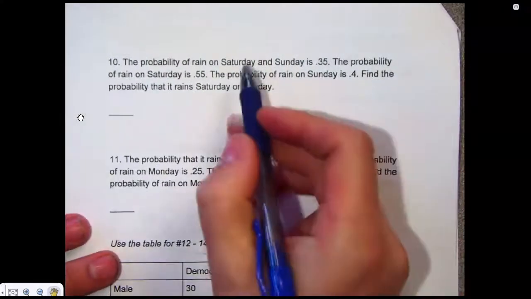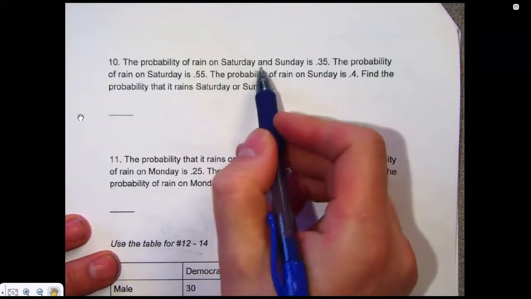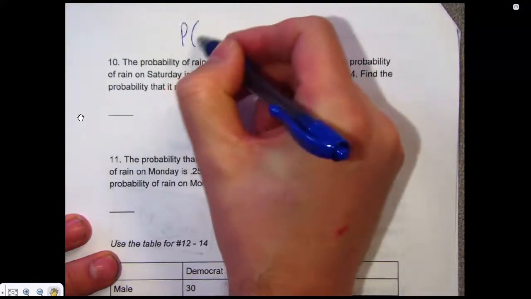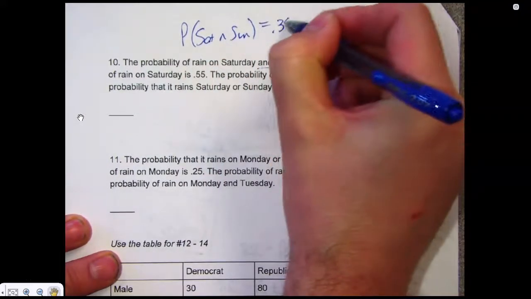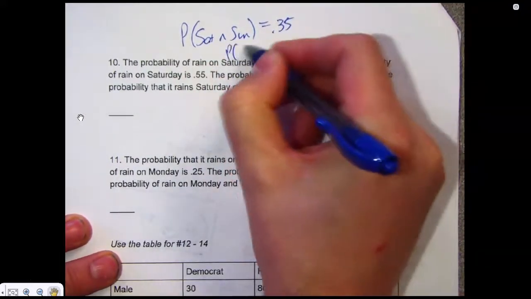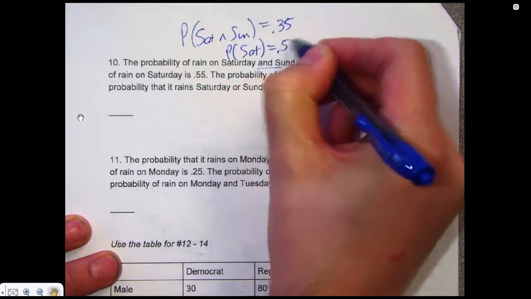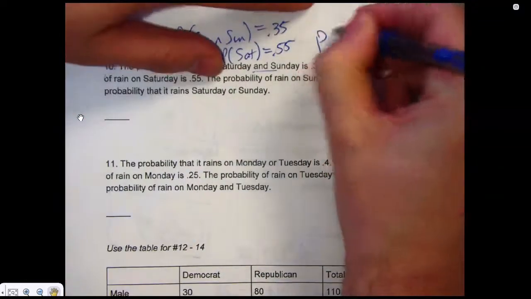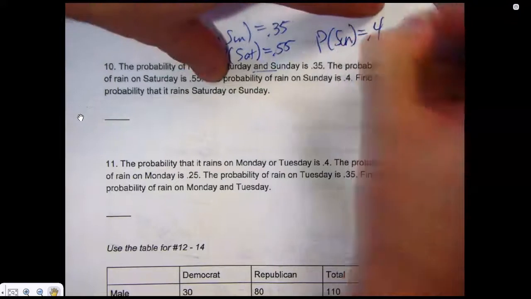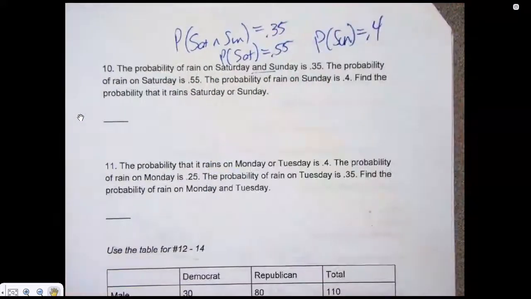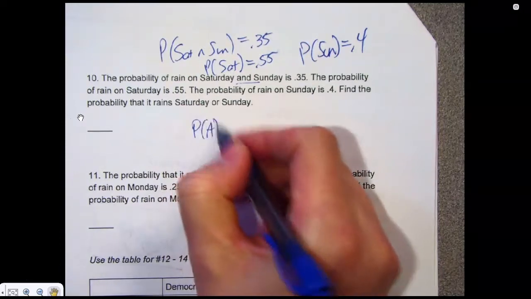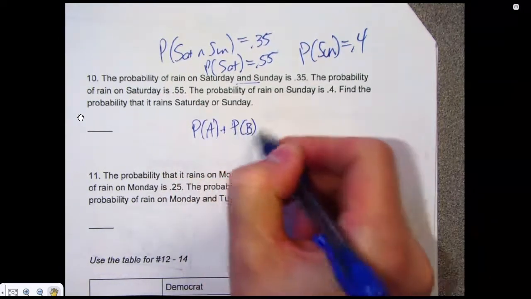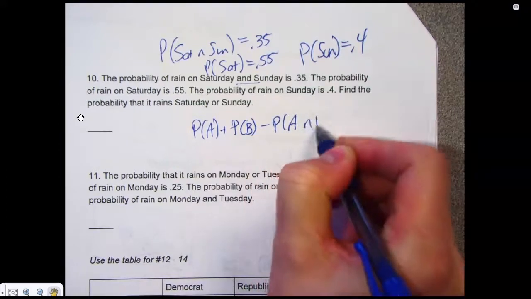Number 10. So I've got the probability of rain on Saturday and Sunday. So I know P of Sat and Sun is 0.35. The probability of rain on Saturday is 0.55. The probability of rain on Sunday is 0.4. Find the probability of rain Saturday or Sunday. So "or" means you add up the two things and then you subtract the overlap.